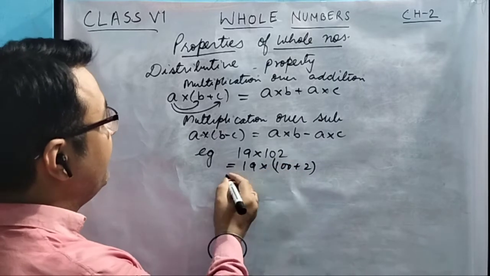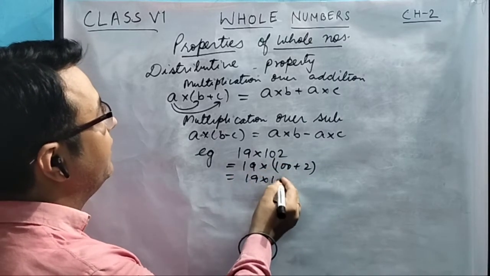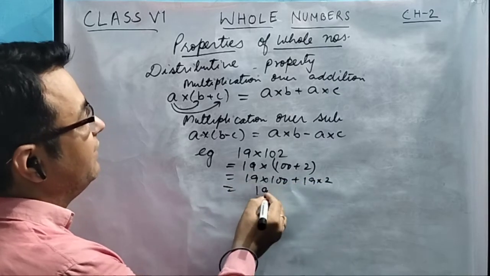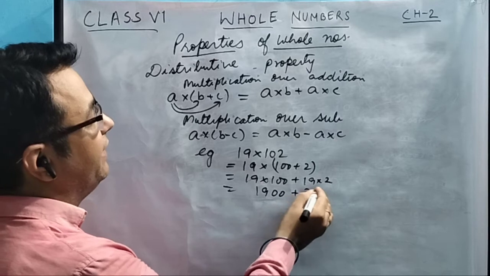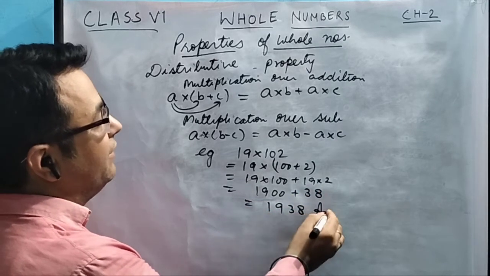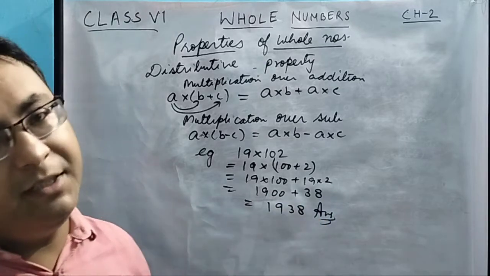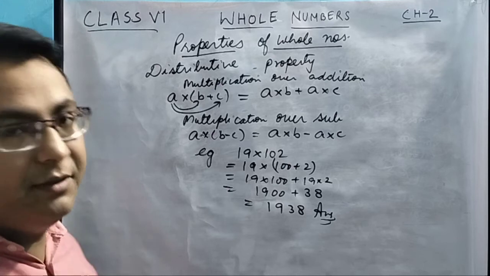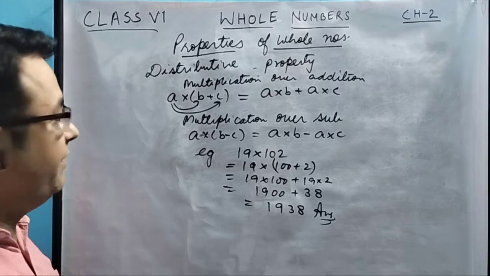So this can be further written as 19 into 100 plus 19 into 2. This will give us 1900 plus 38. So the final answer will be 1938. So the distributive property helps us find the product in a simpler way.